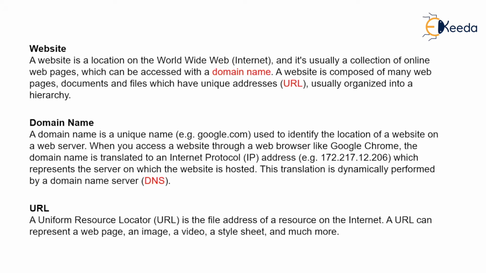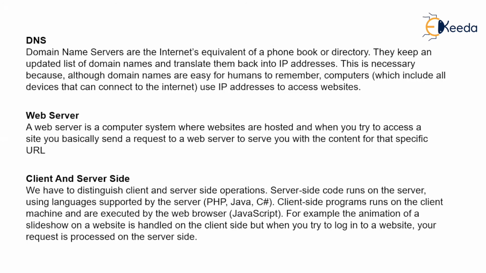Now, let's come to what is URL. URL is abbreviated as Uniform Resource Locator, and it is the file address of a resource on the internet. A URL can represent a web page, an image, a video, a style sheet, and many more things. The next terminology is DNS, and we have already seen what is DNS and how it looks.